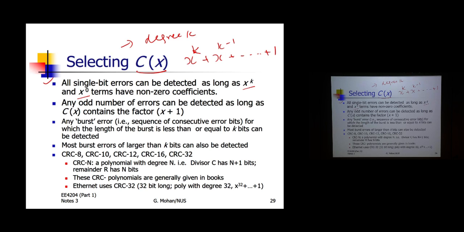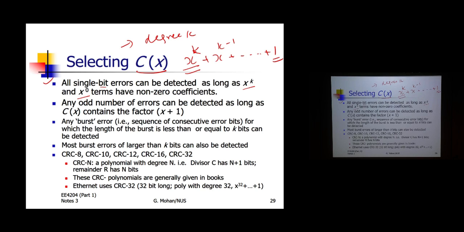That means if the divisor polynomial has a leading term like this and 1, then it can detect all possible single bit errors. Assuming that only one bit is corrupted, it can detect that error. It doesn't know which bit has been corrupted, but it can tell yes or no.